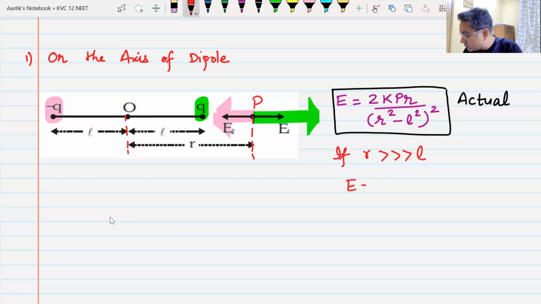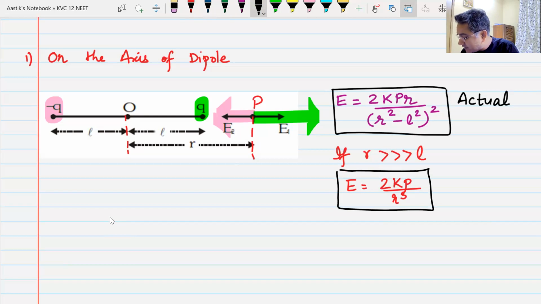It becomes 2kp upon r cube. This becomes the shortcut formula if the distance is very large. But this shortcut formula is only valid when the distance is very large.